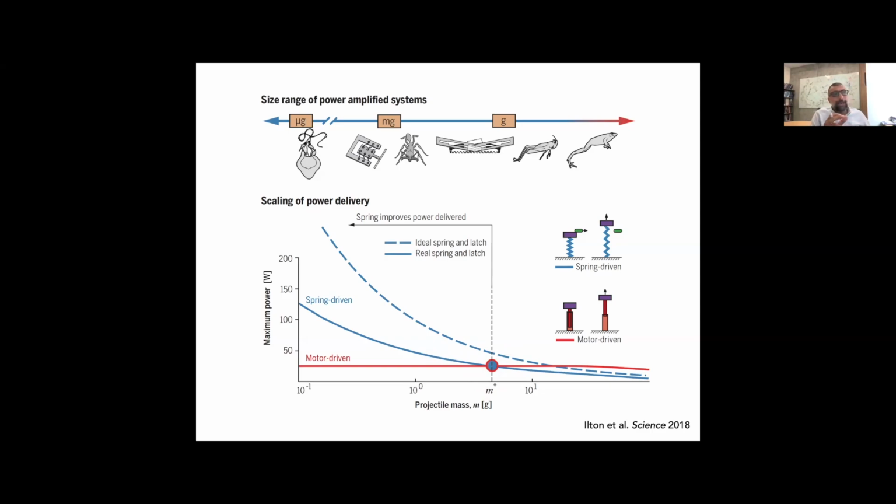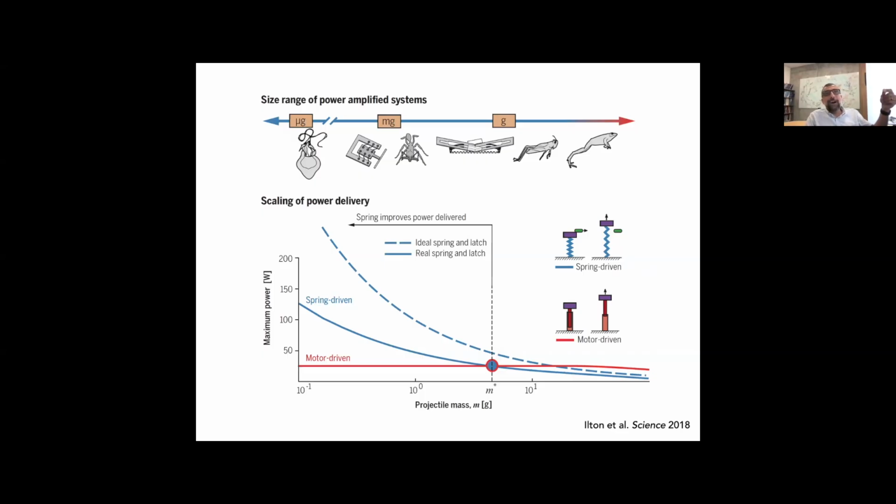The reasoning behind that is that as you get bigger, the mass is going to have inertia associated with it. It's going to take time to accelerate that mass. That time effectively saps the power that the tendon is producing. So it doesn't matter how fast the tendon is recoiling.